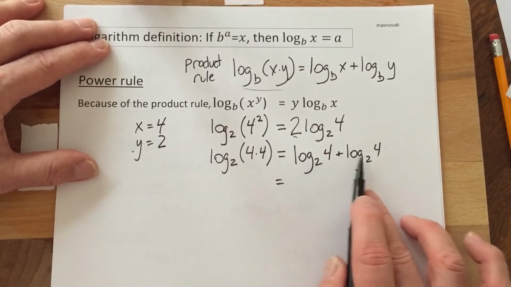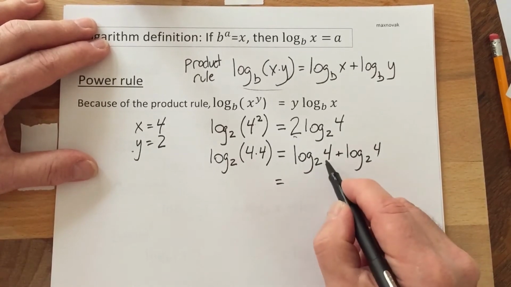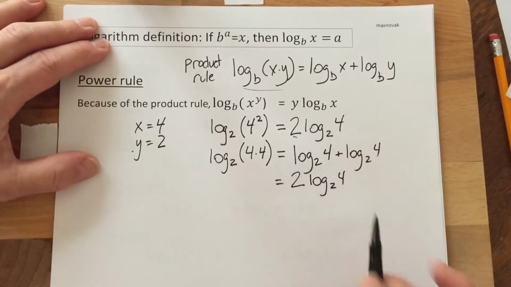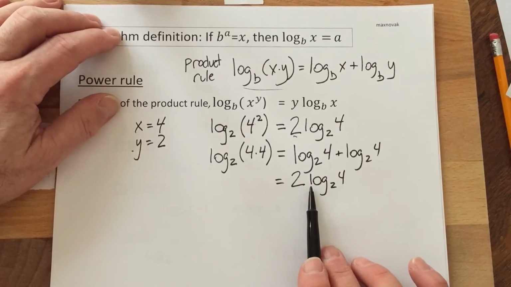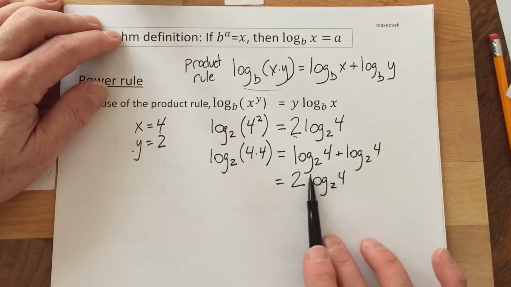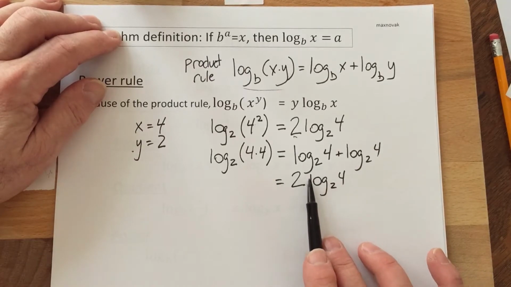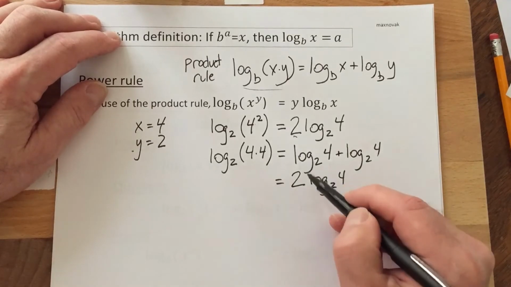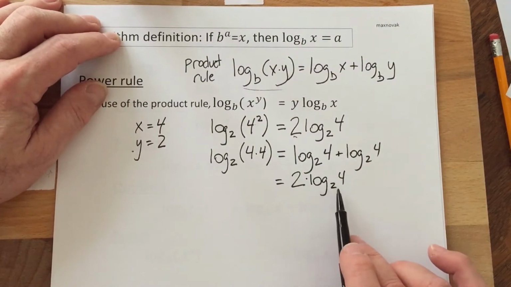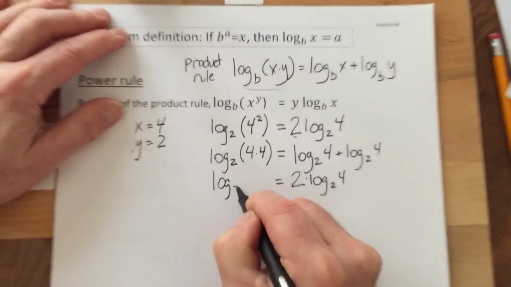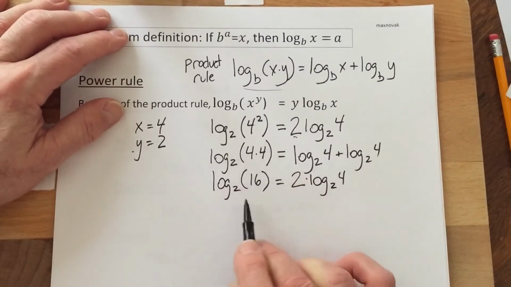And of course, if we have 2 of the same numbers, we can just add those together. So now we have 2 times log 2 of 4. It's also important to remember that this log is one number, it isn't a couple of numbers. It is 2 times a particular number, which is the number you need to raise 2 to get to 4. So here we have log 2 of 16.